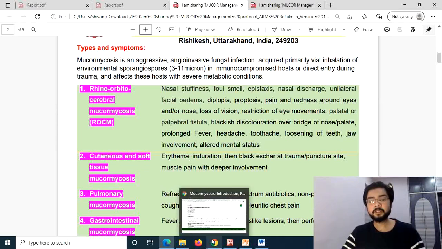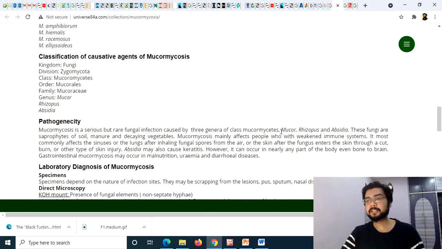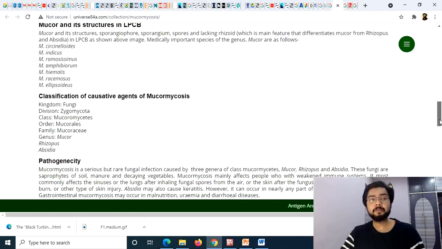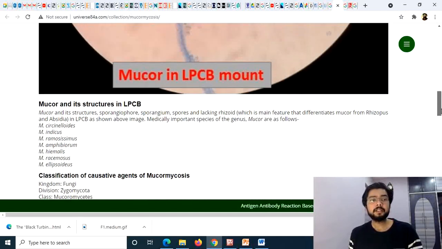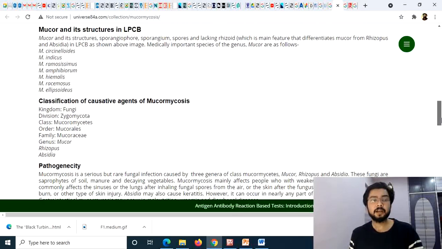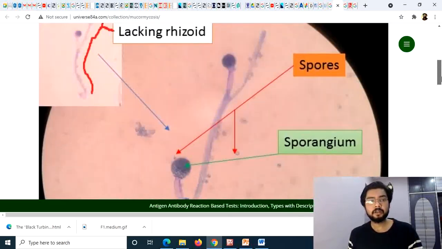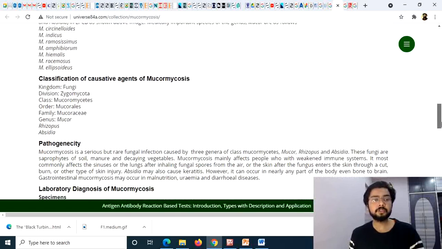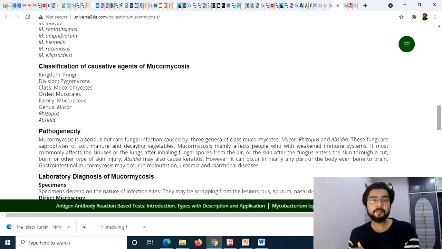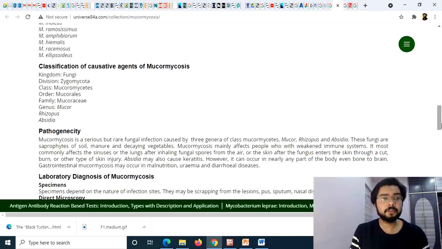Now, more important is to know the very basic details about mucormycosis, like which family it belongs to. This is the whole description of the family.